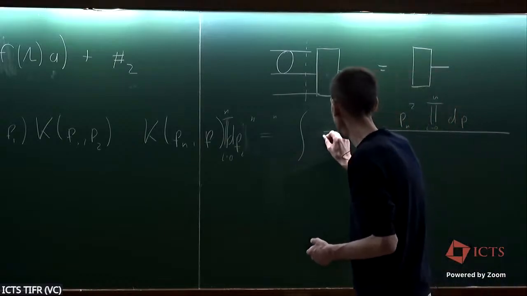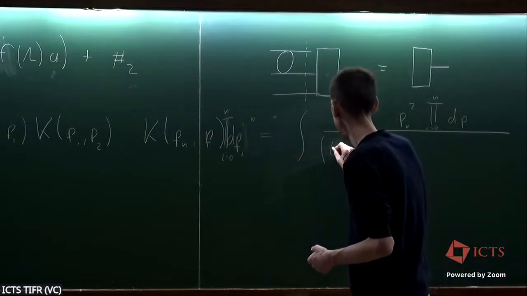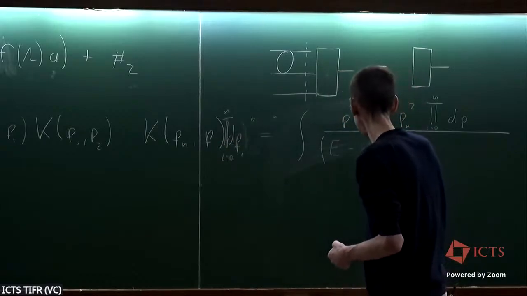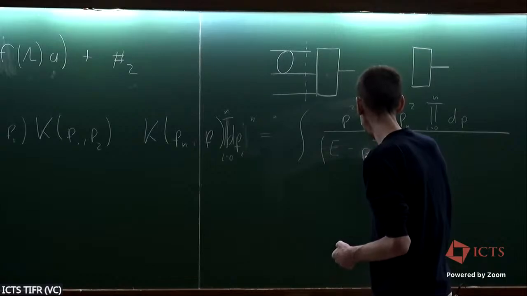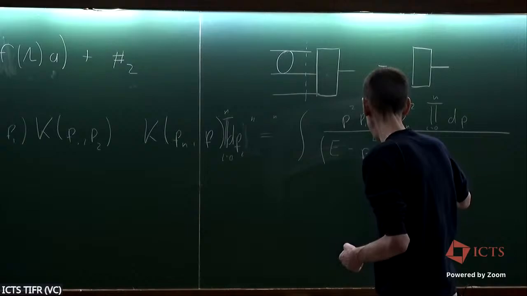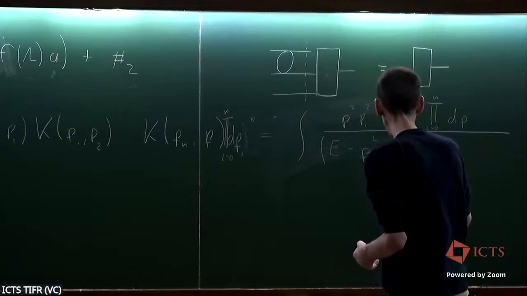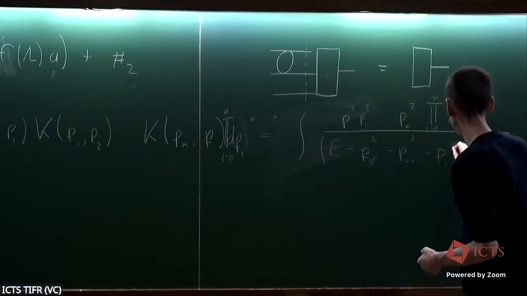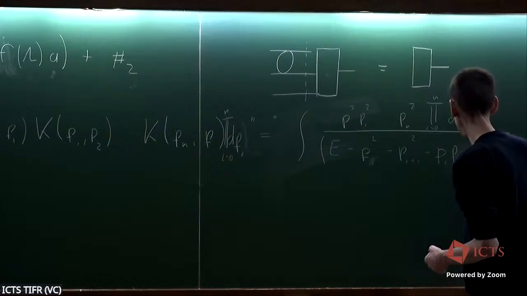Now in the denominator, I have from each kernel a P squared, Pn squared, no, let's call that a Pi squared minus Pi plus 1 squared minus Pi dot Pi plus 1.